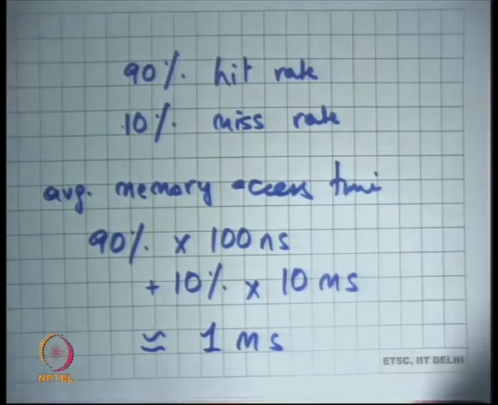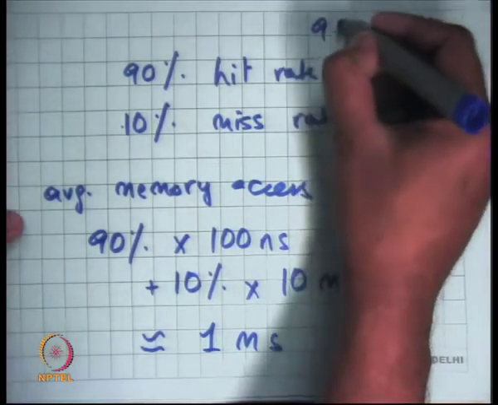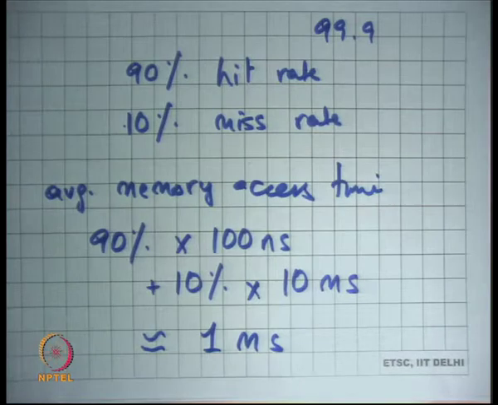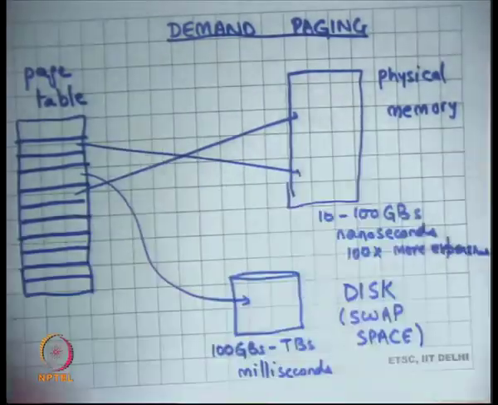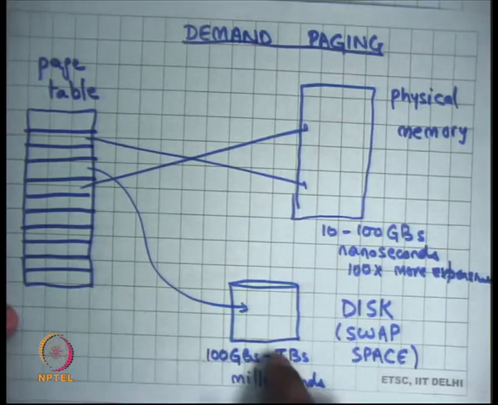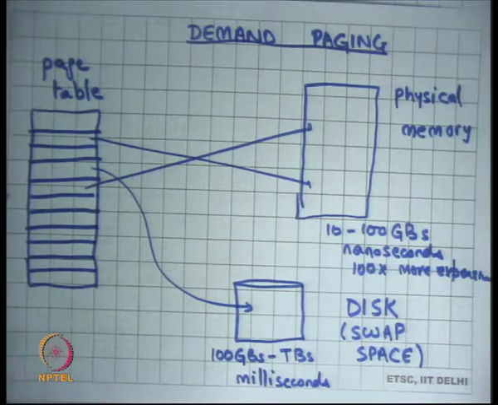What you would perhaps be okay with is something like a 99.9% hit rate, so less than 0.01% miss rate, and that will give you the illusion that you have the space of the disk but the access time of memory. Really, the OS is trying to give the illusion that you have the space of the disk, which is 100 GBs to TBs, but the access time of memory.